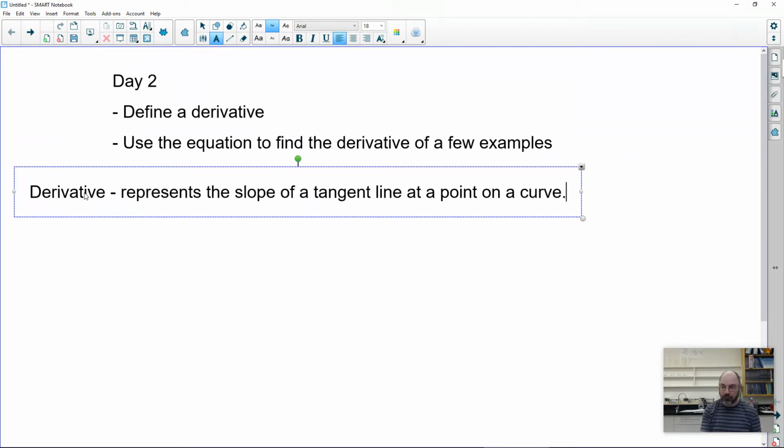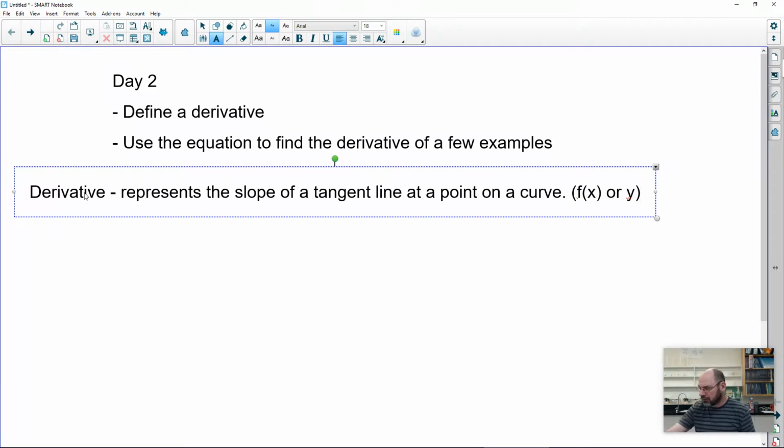And we'll say that curve could be f of x, or if you like, y equals something, because f of x and y can be interchanged. I often use y a lot. Most calculus books will use a lot of f of x type stuff.